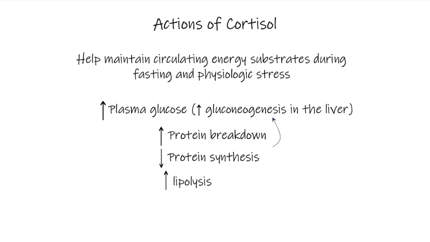Cortisol also promotes lipolysis, the release of fatty acids and glycerol from adipose tissue. In addition, cortisol antagonizes some of the actions of insulin in peripheral tissues and reduces insulin-stimulated glucose utilization. The overall metabolic effect of cortisol is to help maintain glucose and other energy substrates in the circulation.